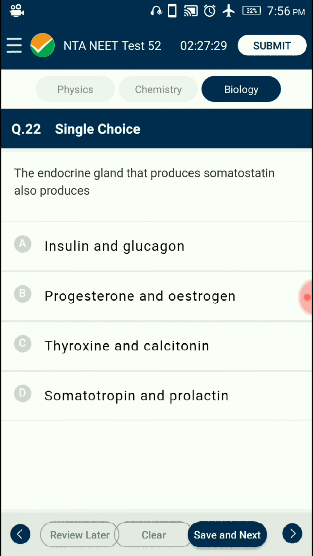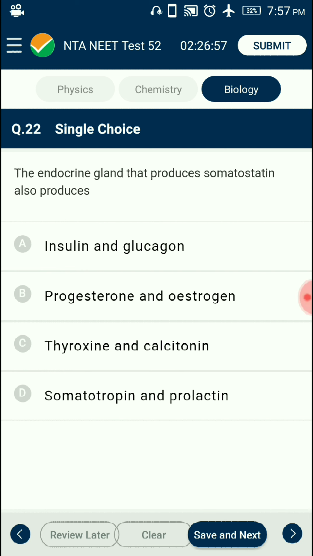Question number 22. The endocrine gland that produces somatostatin also produces which hormones? Progesterone and estrogen are secreted by the ovaries and play a major role in the development of the female reproductive system. Thyroxine and calcitonin are secreted by the thyroid gland. Thyroxine plays an important role in the regulation of various organs of the body, whereas calcitonin plays a major role in blood calcium level regulation.